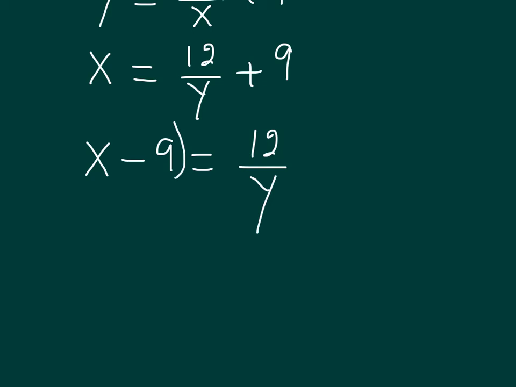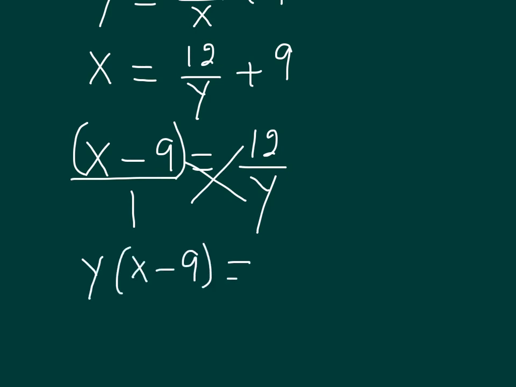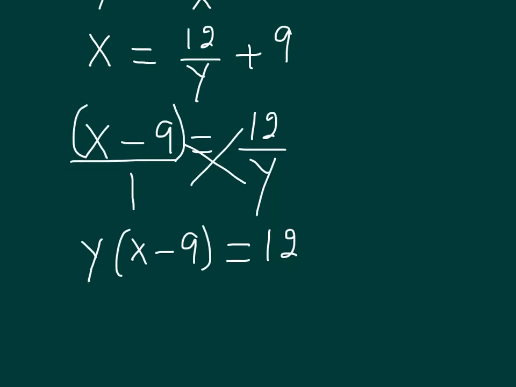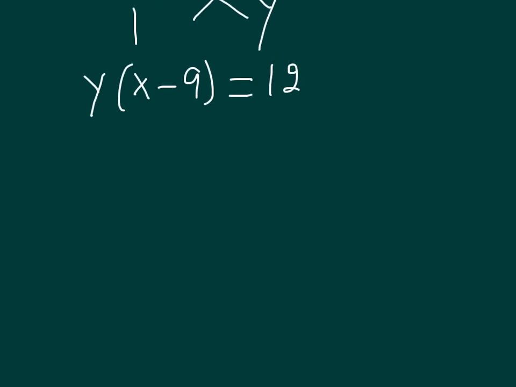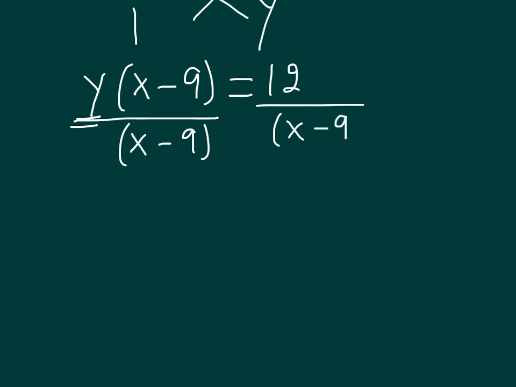I want you to put parentheses here and make it over 1 and cross multiply. This will be y times the quantity x minus 9 equal to 12. Please don't FOIL and make it more confusing. So at this point right here, remember we're solving for y. So that means get rid of that factor, divide both sides by x minus 9. And this is what y is equal to, 12 over x minus 9.